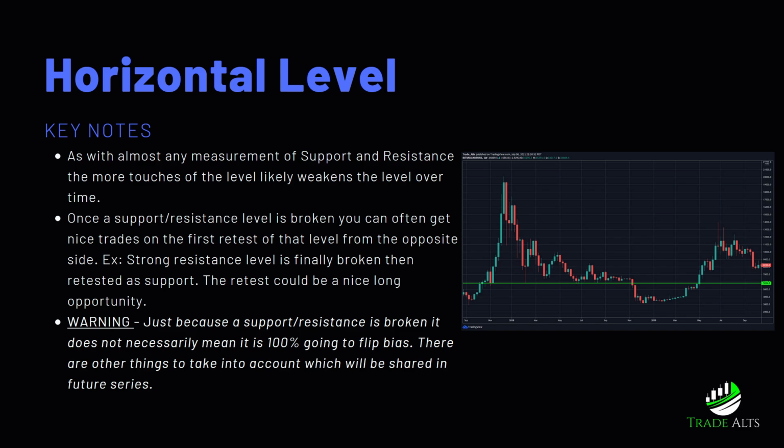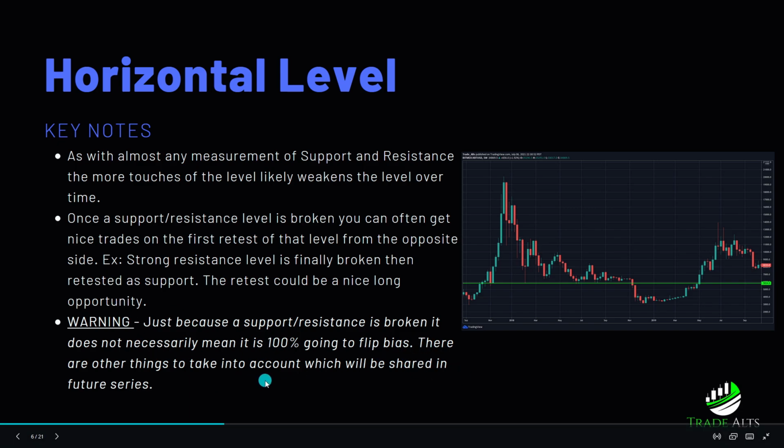Let's say you have a resistance level and you break through it, it doesn't mean that it's going to flip to support. Now you hope it does, and that's what you're looking to have happen, but price could knife right back down through it. It happens. But there are other things to be taken into account, which will be shared later on in the series.